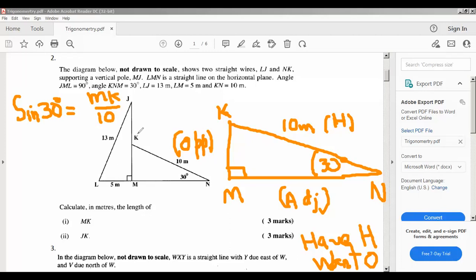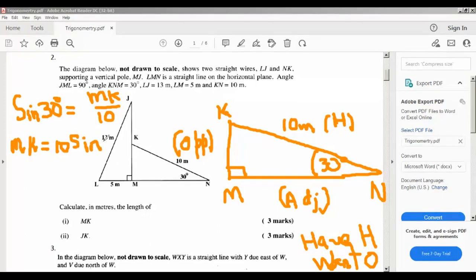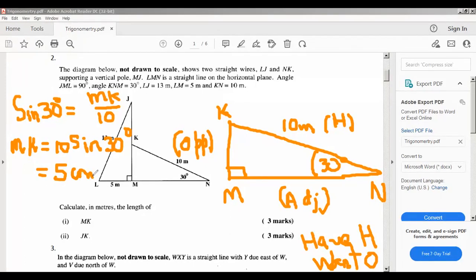What do you notice, class? The unknown is at the top. When the unknown is at the top, all we need to do is multiply. So MK is 10 sine 30. What is sine 30? Half, or 0.5. How much is half of 10? 5. So MK is 5 meters. So that's the first part.